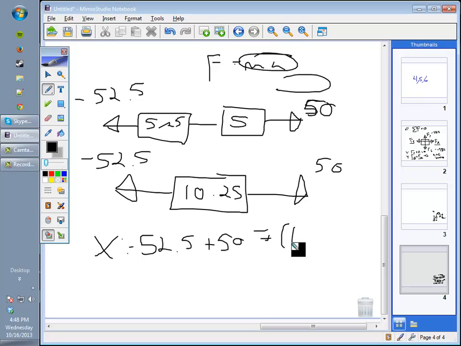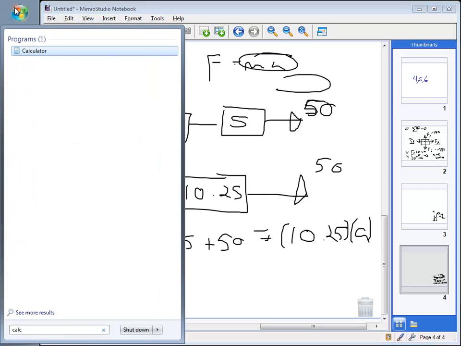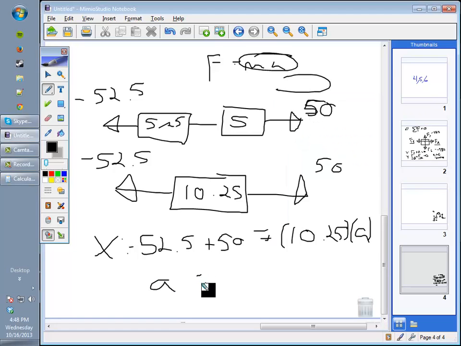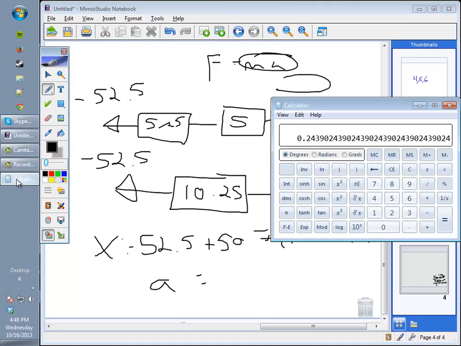I'll take the mass of my total object times my acceleration, which if I pull up a calculator real quick, so I've got 2.5 to the left is going to be my net force, and 2.5 divided by my mass of 10.25 gives me a net acceleration of 0.24.